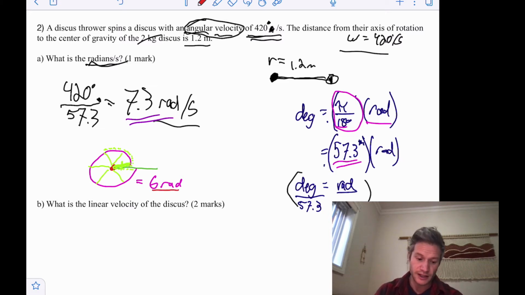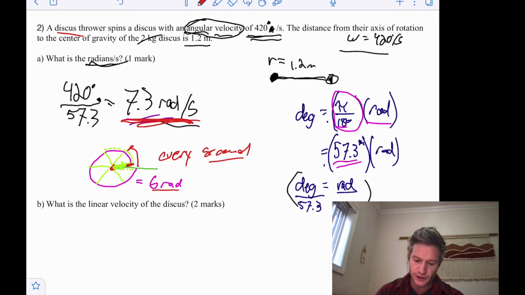So if we're saying this discus thrower is throwing a discus at 7.3 rads per second, what we're really saying is this person does 1 and a bit rotation from start to finish every second.